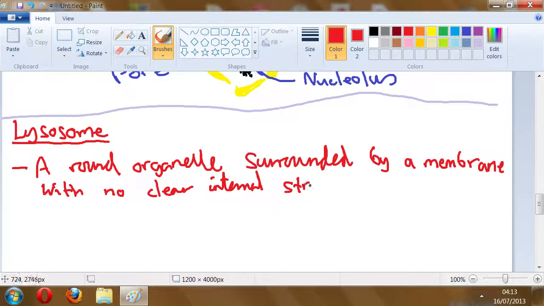Generally, if something hasn't got clear internal structure, it's probably because there's some stuff going on at smaller size. Functionality of this.